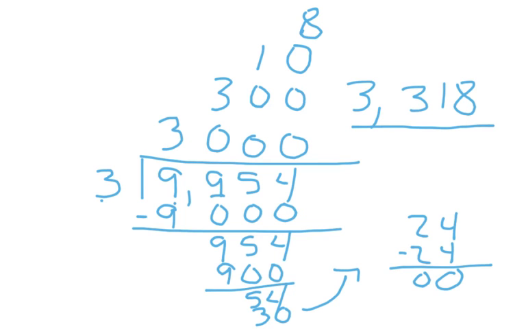It's always the same process. Look at the place value: 3 into 9, 3 into 900, 3 into 50, and 3 into 4. Break it up by place values and just do our inverse. What number can we multiply by to equal that number in the thousands? What number can we multiply by to equal that number in the hundreds? So it's always the same strategy, just bigger numbers or smaller numbers.